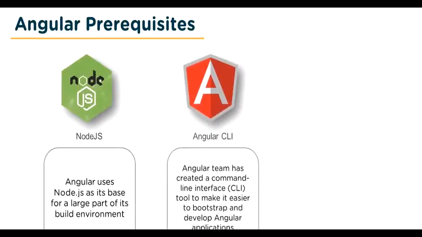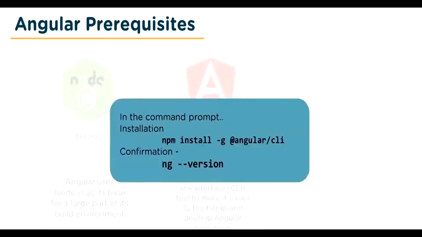The second is the Angular CLI. This command line interface is a tool that makes it easier to bootstrap and develop your Angular application. To install the latest version, you need to run this command in the command prompt: npm install -g @angular/cli.